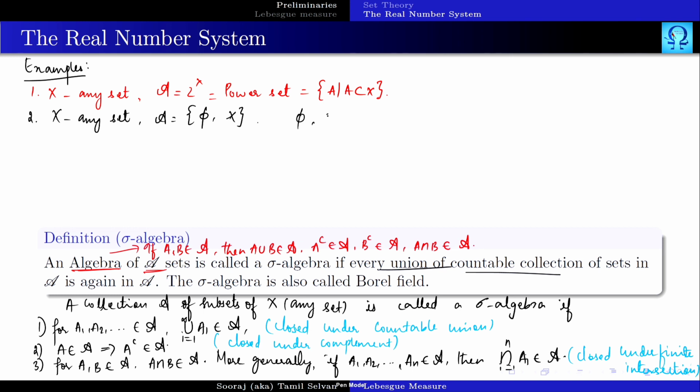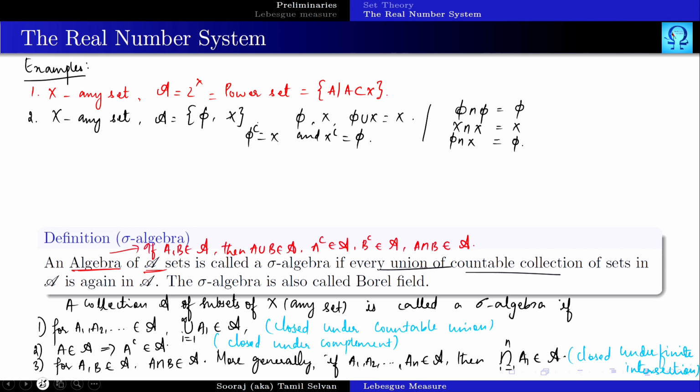If you consider X, it is X. Phi union X is X itself, so only these three are the possibilities. Next, phi complement is X and X complement is phi. This is done. What is the third condition? The third condition is either you have phi with phi, or X with X, or phi with X. Only these three are the possibilities, right? Here you will have phi, here you will have X, here you will have phi. All three conditions are satisfied, therefore it is also a sigma algebra.